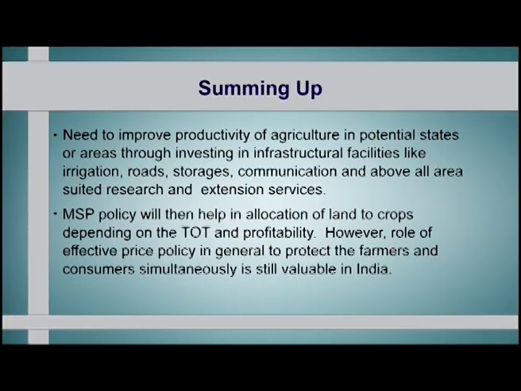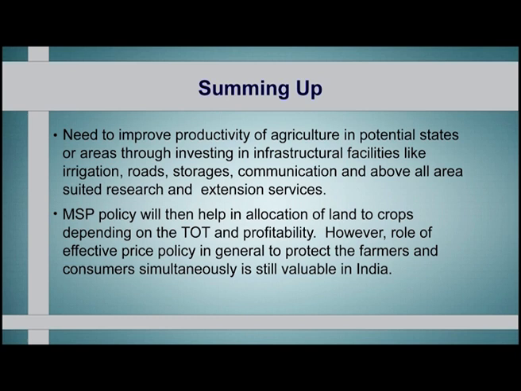It's not only the agriculture prices which have contributed to the high production, it is because of various other factors also which are very important in raising the productivity and production of various crops. In fact, today we need to improve the productivity of agriculture in potential states or areas through investing in infrastructure facilities like irrigation, road, storage, communication, and above all areas suitable for the production of various commodities.